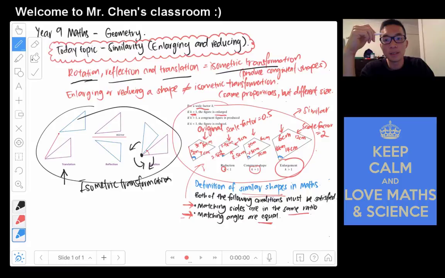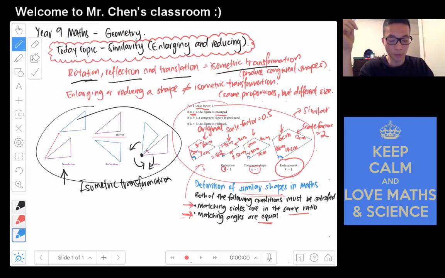Obviously, to be a similar triangle, the matching angles should always be the same. So let's say three of them are 60, 60, 60. The other one which has been enlarged or reduced will also be 60, 60, 60.